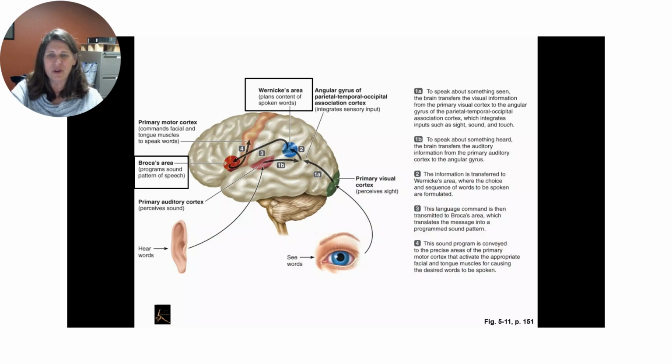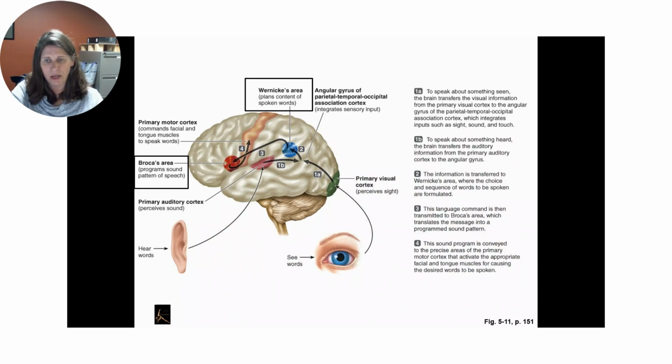And the optic nerve goes to the primary visual cortex, back here in the occipital lobe, okay? That tells you I'm seeing words, right? And what it's going to do is send that information to the association cortex, and integrate it as sight in this case.